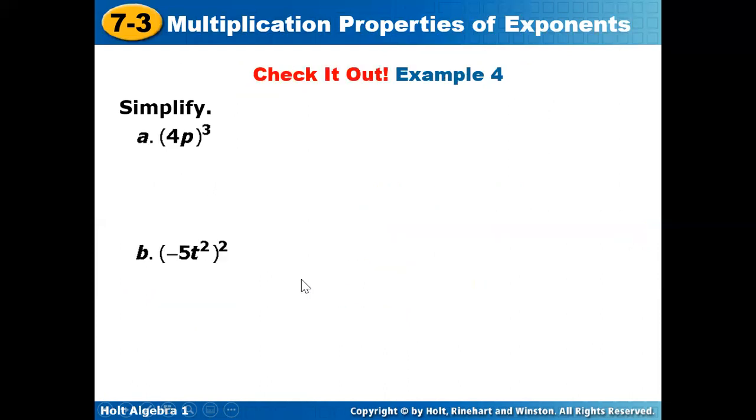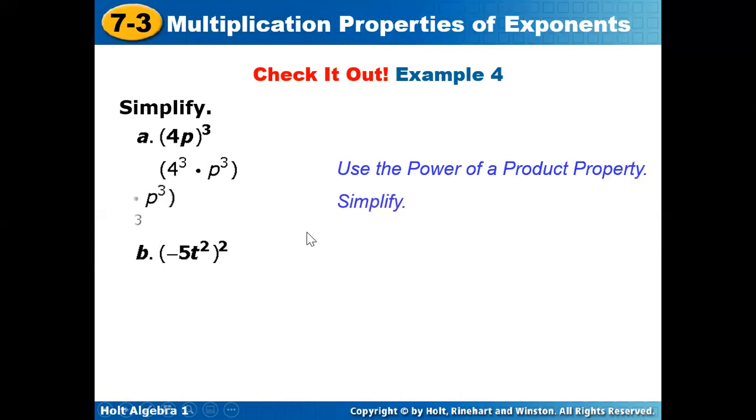All right, we'll try a couple more of those. So this is going to be power of product, right? 4 to the third times p to the third. Simplify that 4 to the third. 64p to the third. Once again, notice the negative sign is inside the parentheses.